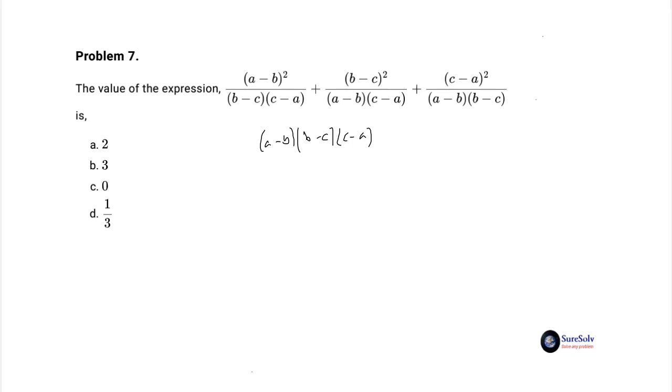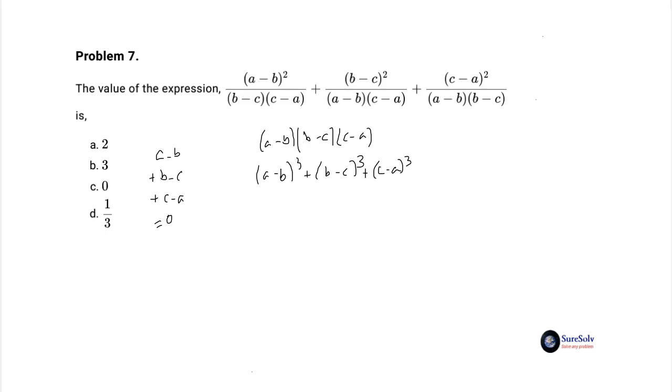With equal denominators, you can now add up the numerators and get a minus b whole cube plus b minus c whole cube plus c minus a whole cube. A lot you have achieved in this first stage, but you have also discovered the second important pattern, that is, the sum of a minus b, b minus c and c minus a is 0.